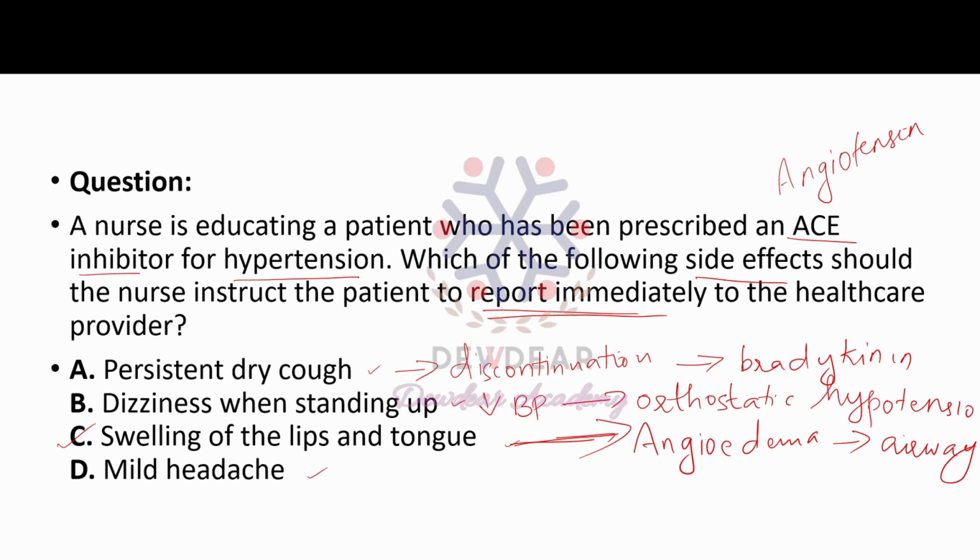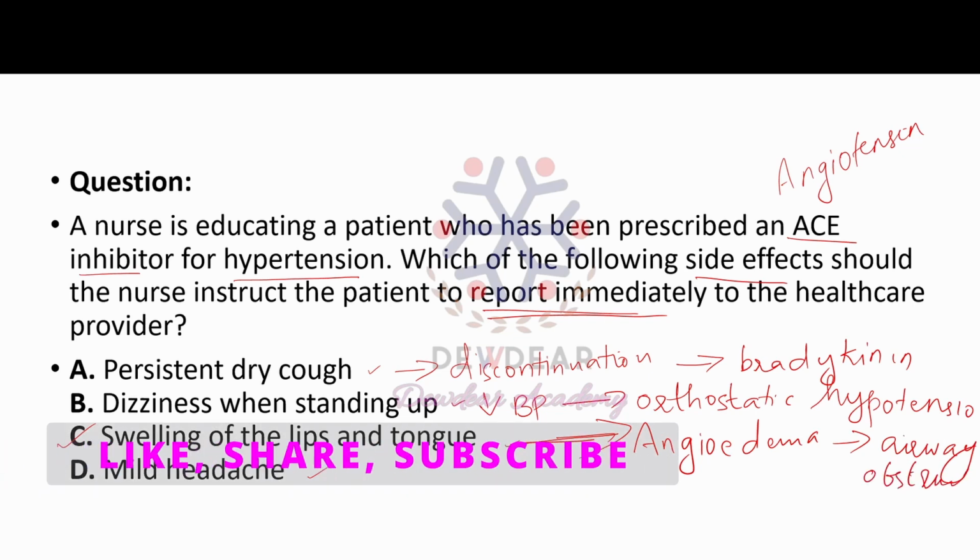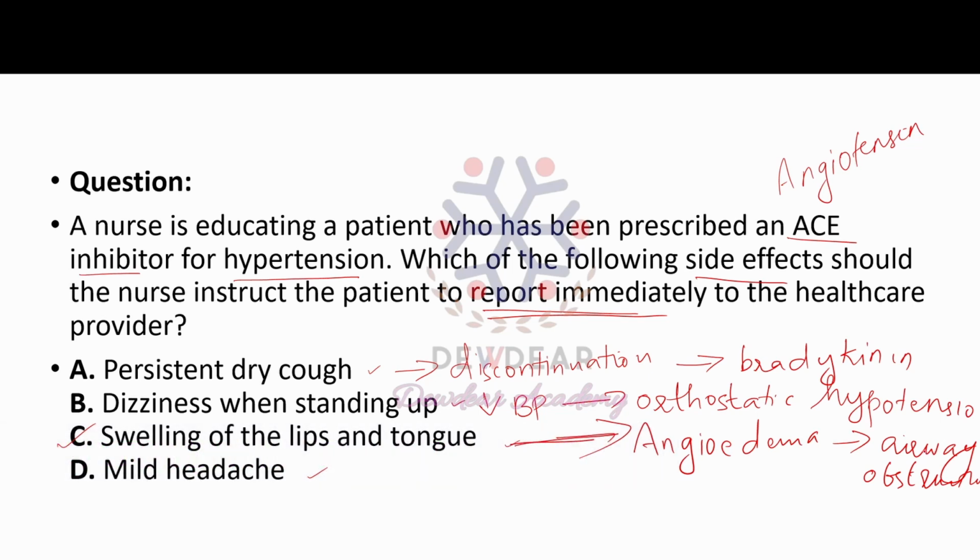It requires immediate medical attention, and that is the answer, because that is the very important thing we have to report immediately to the healthcare provider. So that is the correct answer, option C.